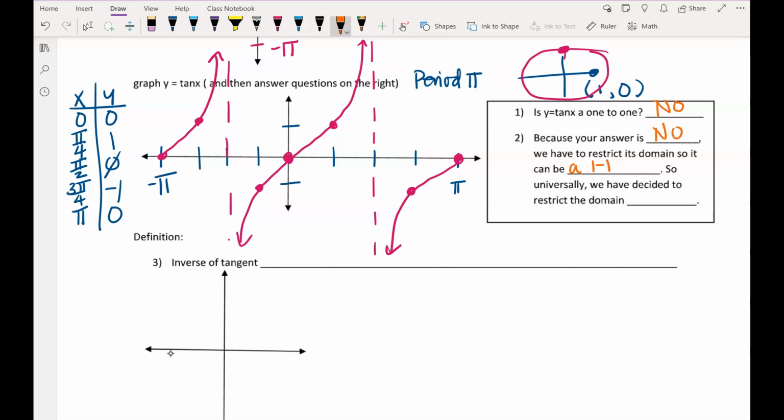Who remembers where we cut it off? This is a review from last year. Negative pi over 2 to pi over 2, Lucas said. You guys agree? Inclusive or not inclusive? Not inclusive, because what's happening at negative pi over 2 and positive pi over 2? Yes, asymptote means it's not even there. So we go in, students, and write parentheses, negative pi over 2, comma, positive pi over 2.